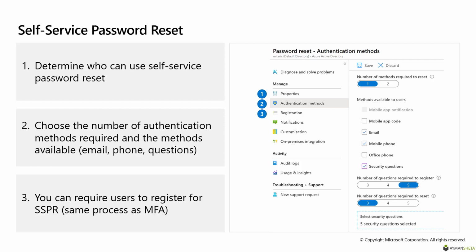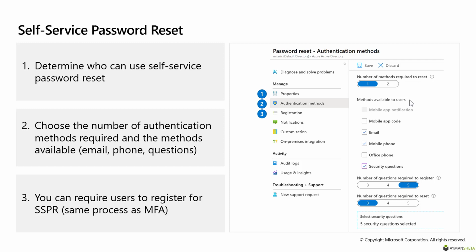Moving next to a very commonly used service, which we refer to as self-service password reset. This is just an example: by going to your Active Directory, we're going to have a demo so we can understand more about this type of authentication method. We're going to find the option Authentication methods. These are the different methods which can be used for authentication, and we can define the number of methods required to reset.